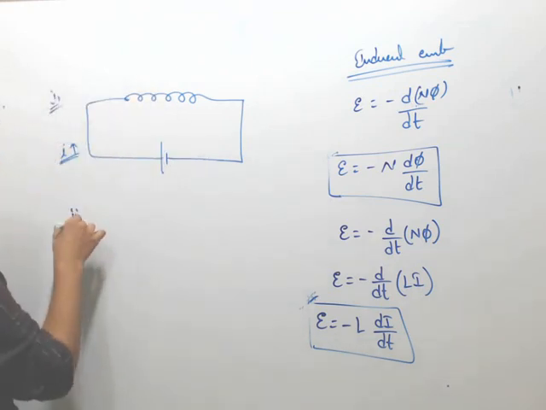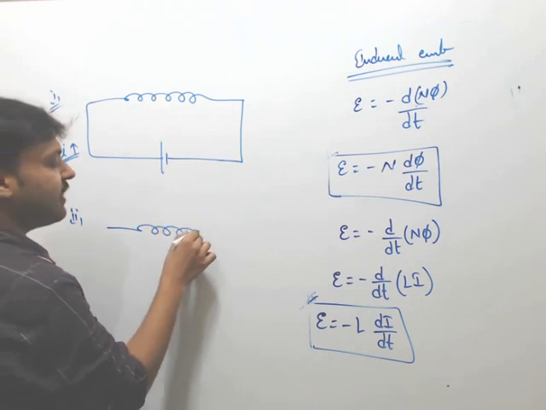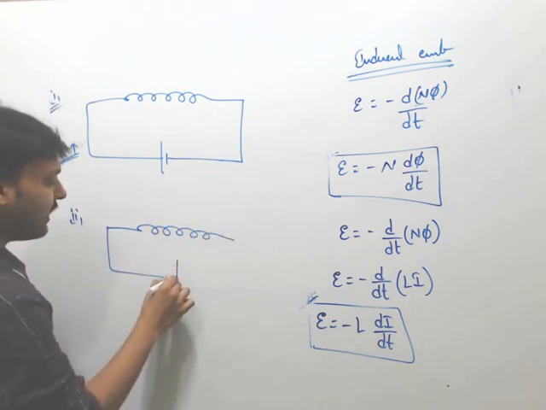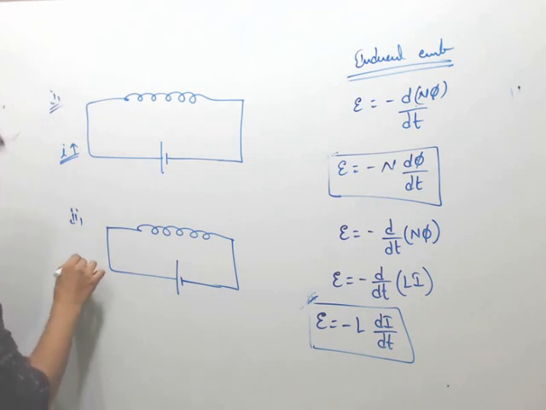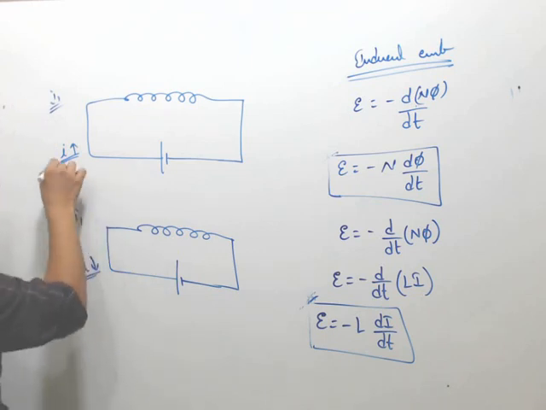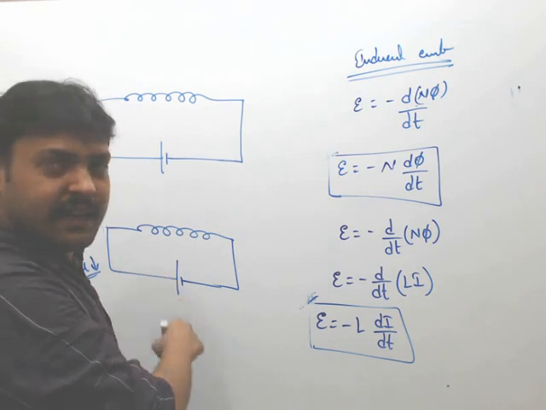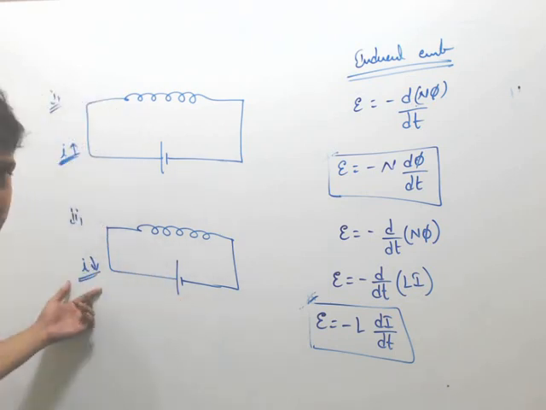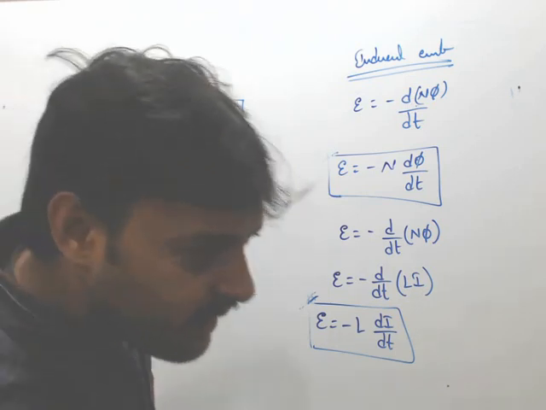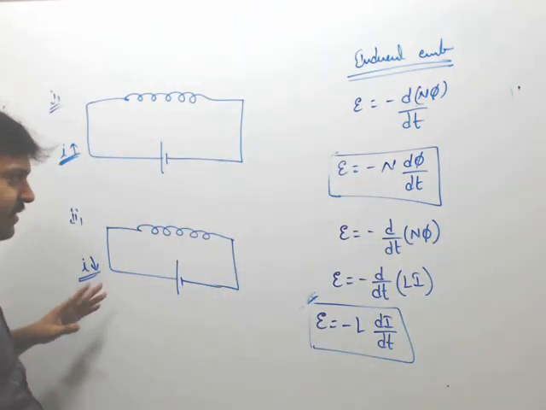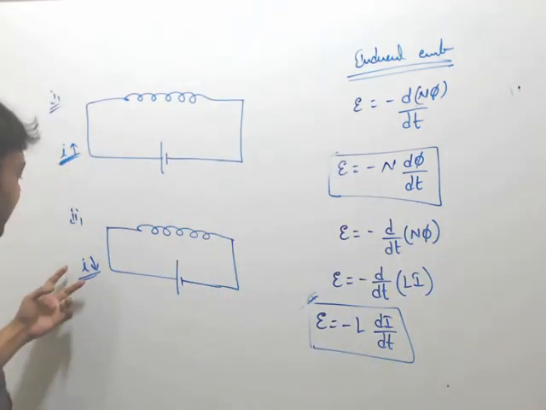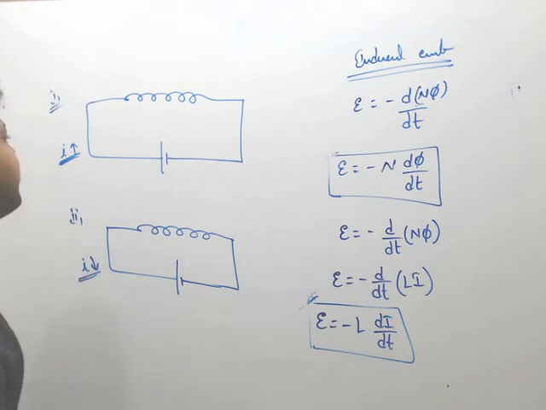Second case, assume the same coil connected to a battery, right? And current is decreasing. Here current is increasing and here current is decreasing, right?